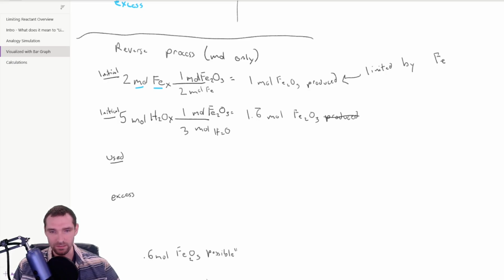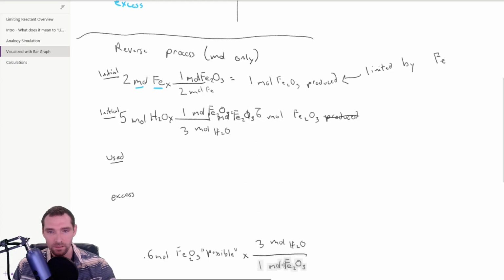You can think of this as what was possible, and you can go backwards and say, okay, well, I've got just the reverse of this. We can do that on top, this on bottom, and that will tell you how much you have left over.